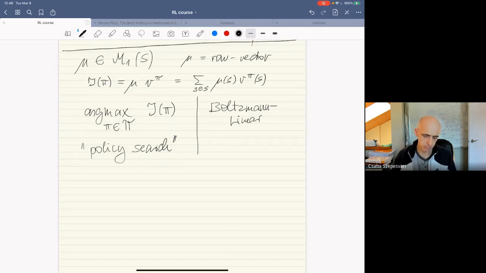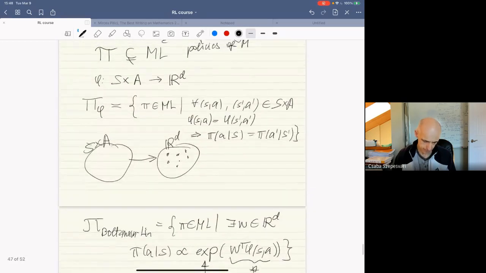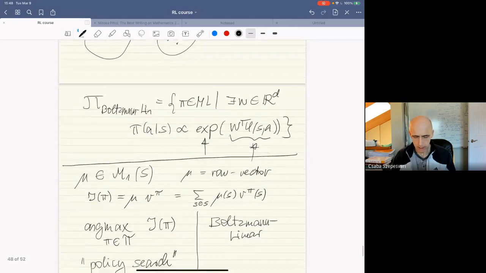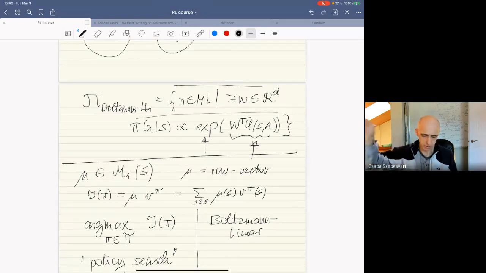Which is basically, by the way, this Boltzmann linear class, where the W's can go to infinity, so it's better to take its closure when you let the W's, like their norm, go to infinity.